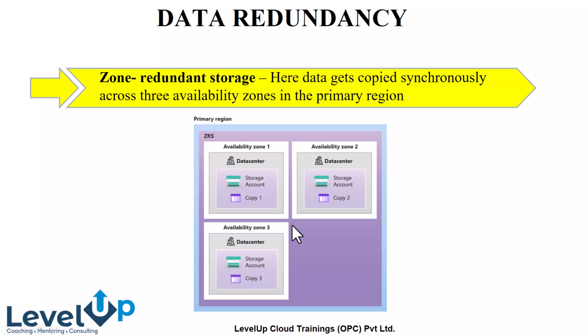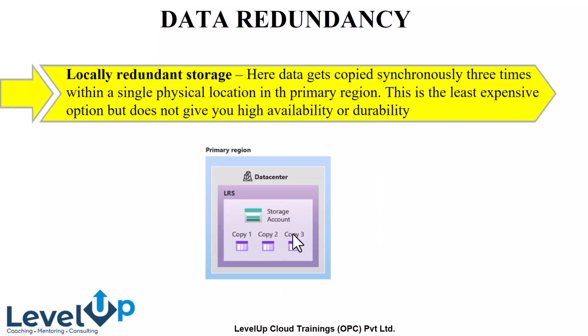Now, what is this zone redundant storage? On Azure cloud architecture, it has regions, it has zones, and then the data centers, right? So, inside one region, there are multiple zones. Previously, all three copies were stored in one data center.